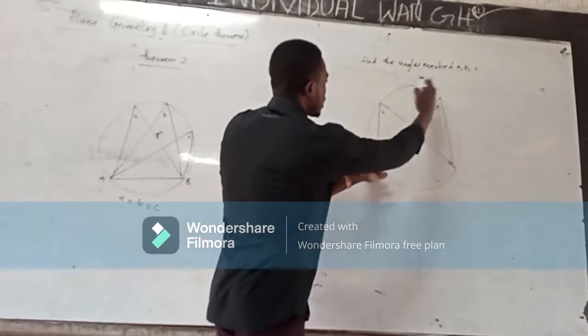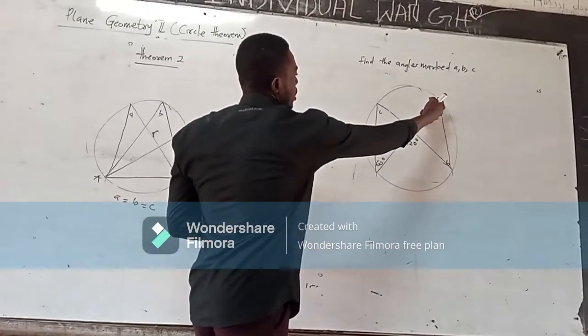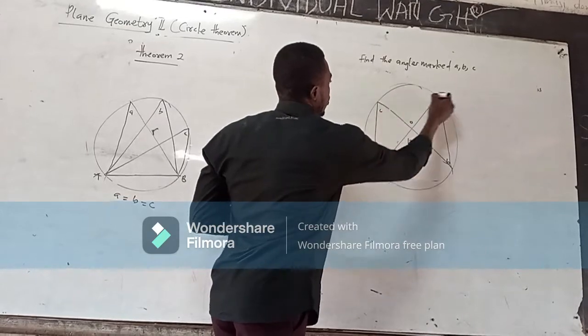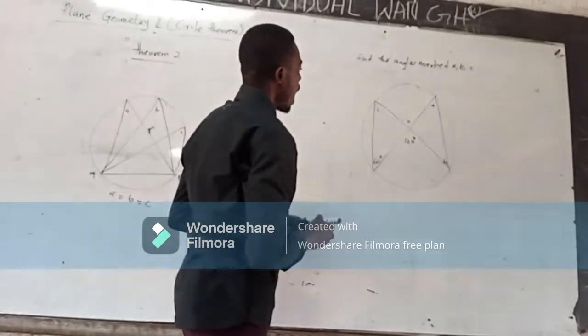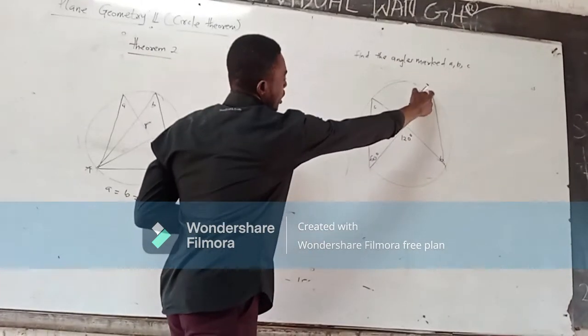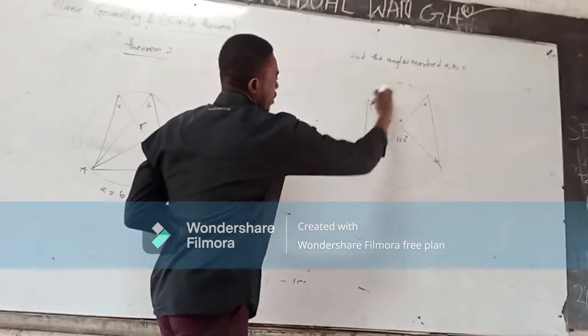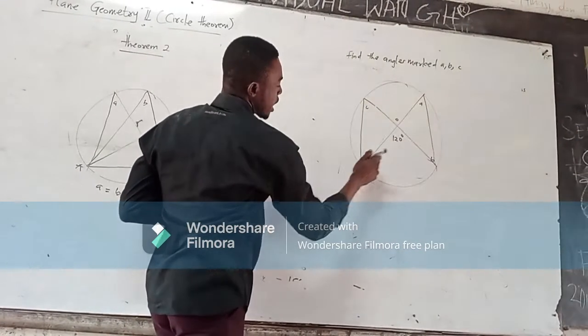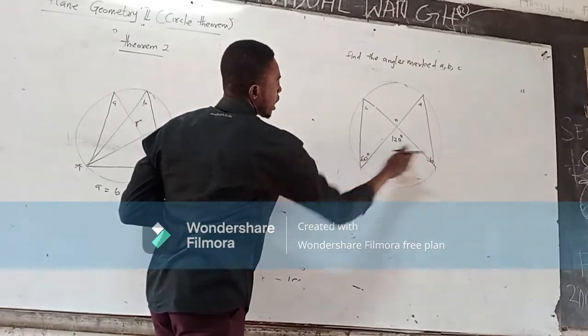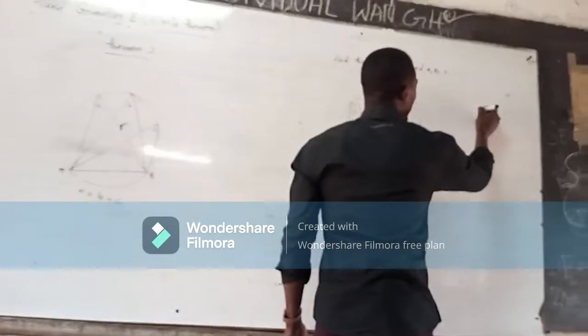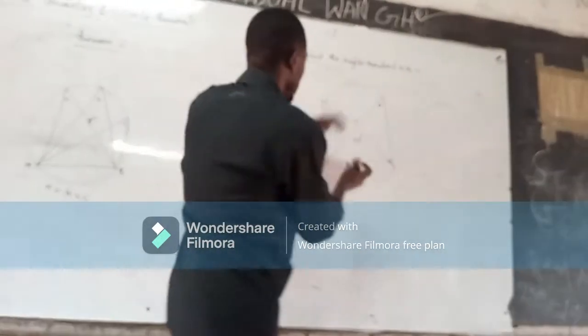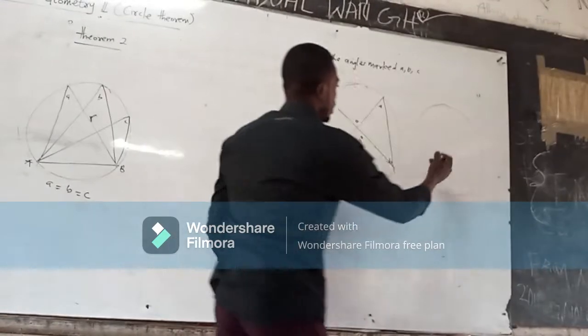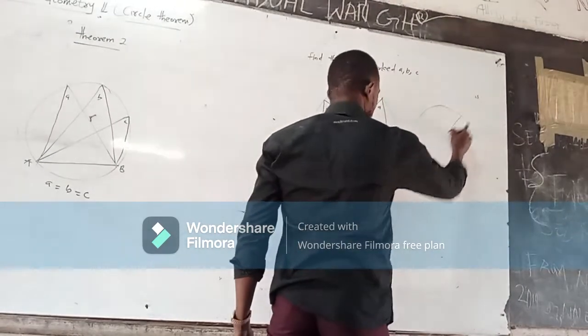If you are to turn this one, we are still having a common chord or common arc here. So because of this arc, the angle that is formed here is the same as the angle formed here. So if you have to draw it again, this is how it will be. If you have to turn this one, it means that we are going to get.